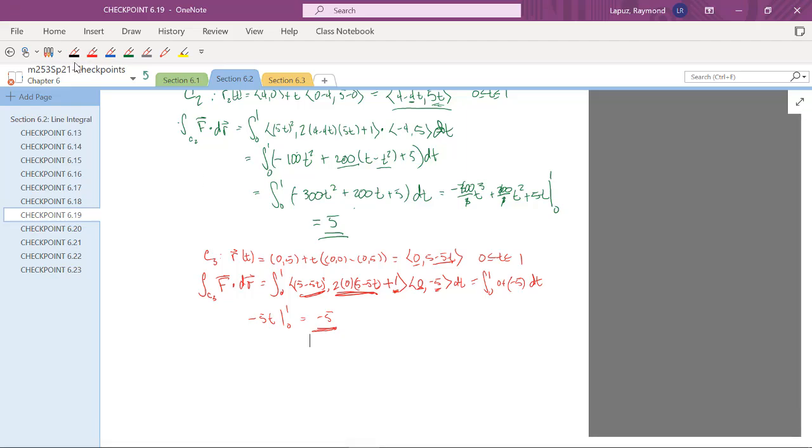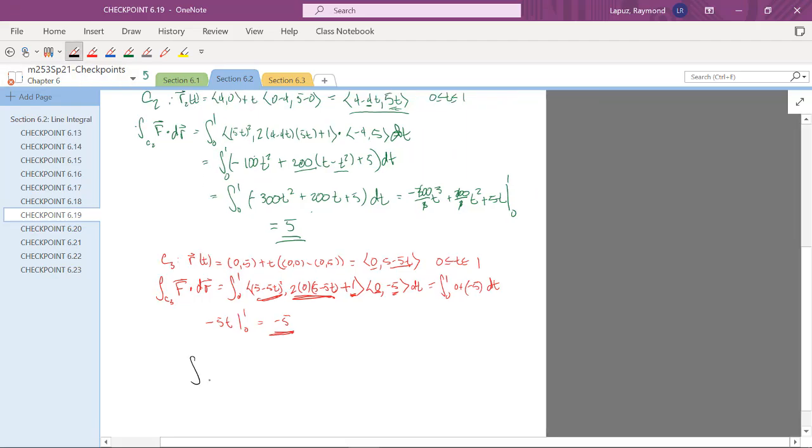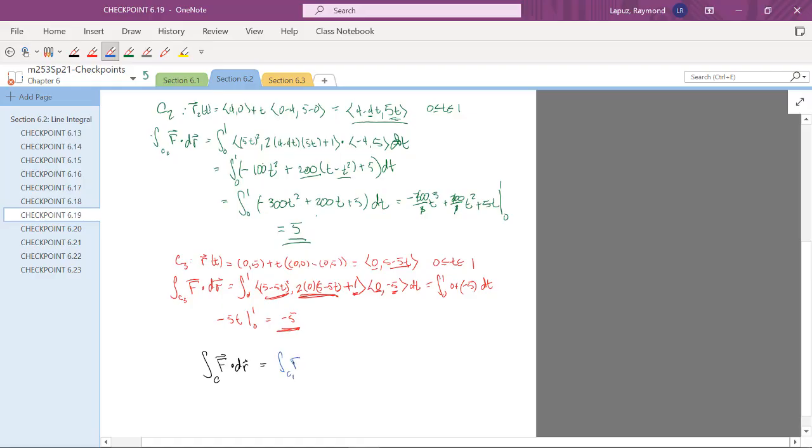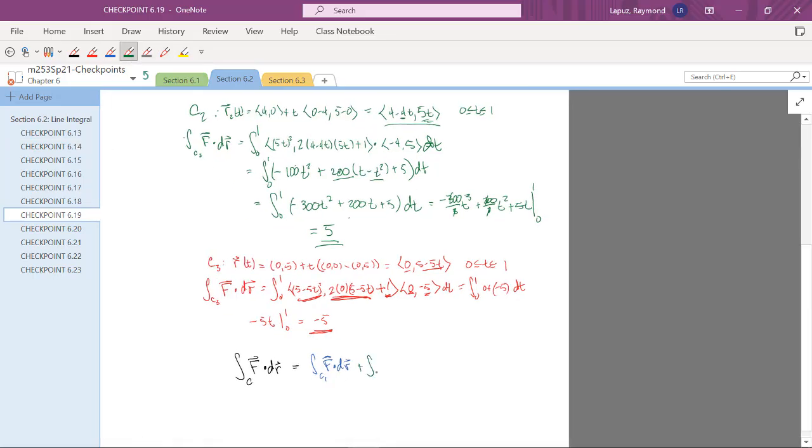All right. Our original problem was asking us to find this line integral. And we said that this is equal to the first line integral C1 plus the second line integral C2 plus the third line integral C3.